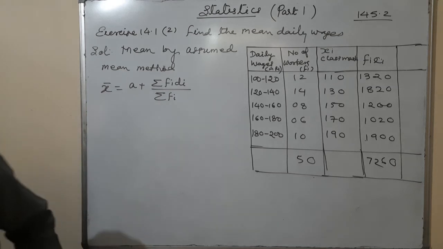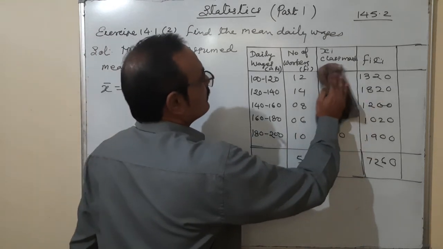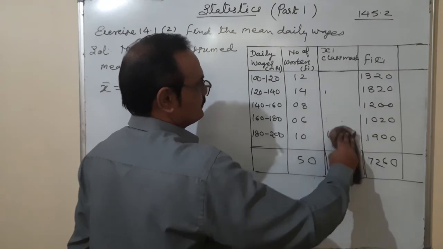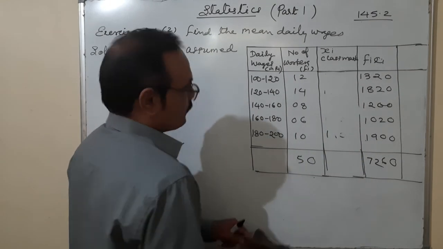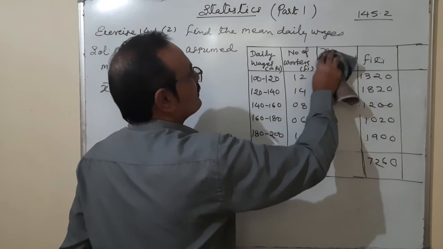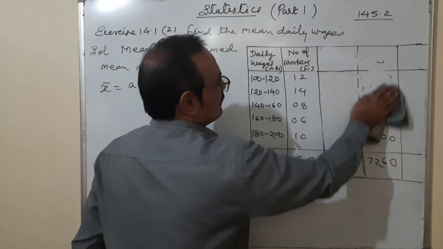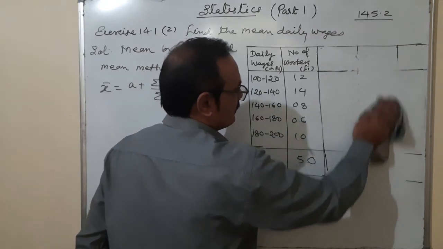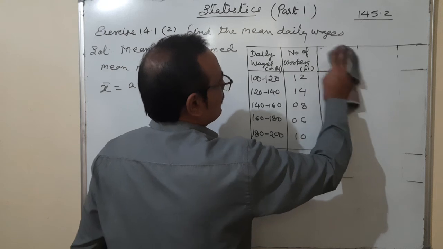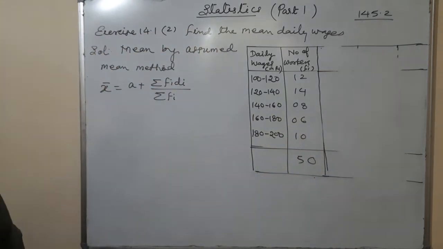Again, in the question only two columns are given, the first column and the second column. Other columns are not there. In the book there are only two columns.